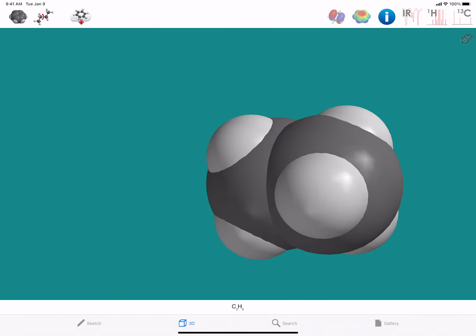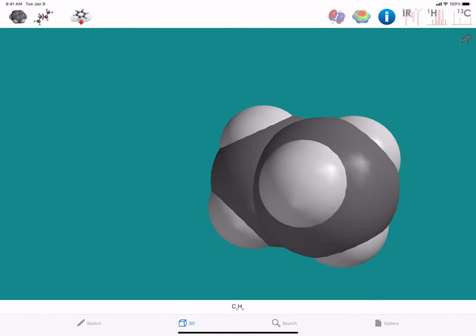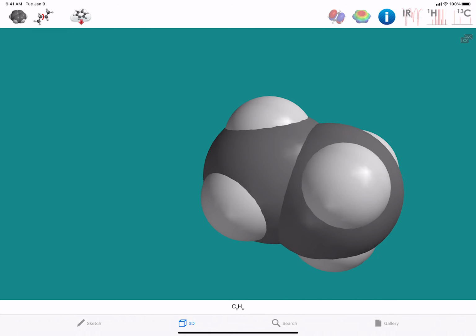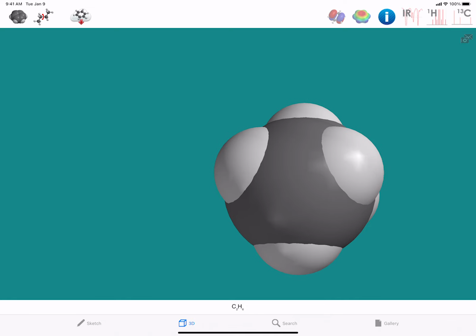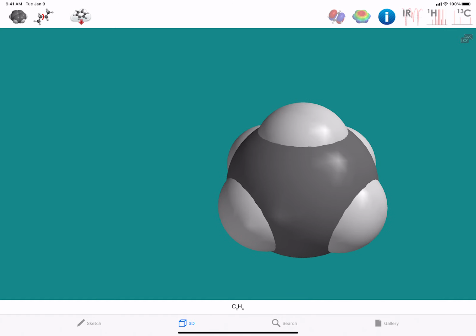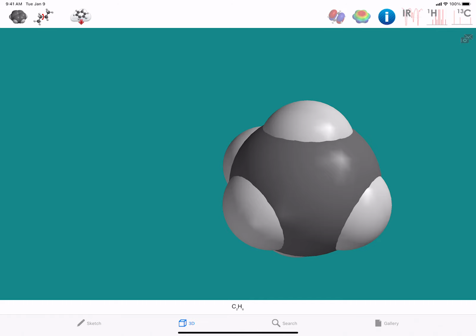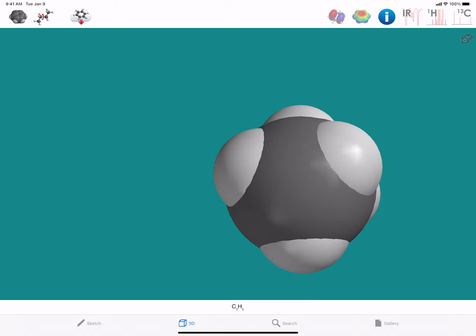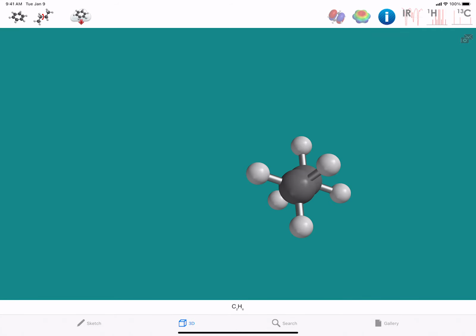This is how big the carbons are relative to the hydrogens, and adopting this staggered conformation is all about making sure that the bonds between protons and carbon in the front are as far apart as possible from the bonds between carbon and the hydrogens in the back. Okay, questions about that?